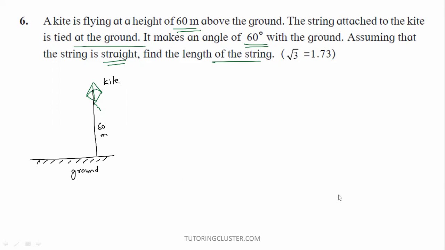Now there is one string which is attached to the kite and it is tied at the ground. So this is going to be your string which is tied at the ground. It makes an angle of 60 degree with the ground or with horizontal. Assuming that the string is straight, find the length of this string.